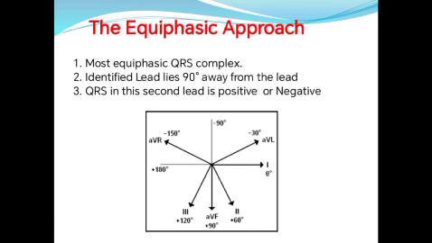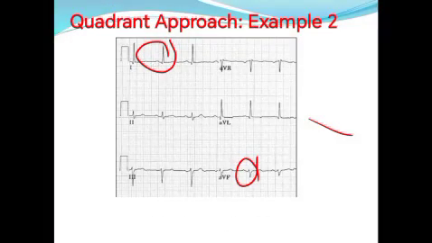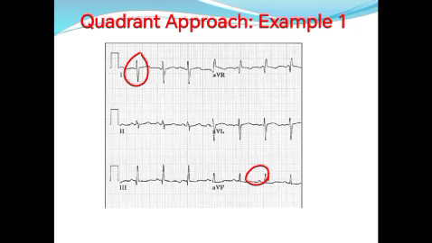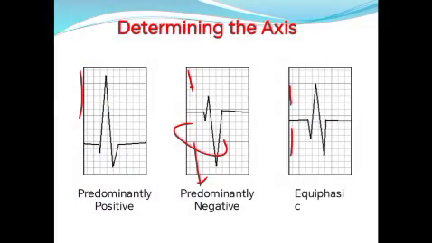What is the equiphasic approach? Here we use the most equiphasic QRS. What is equiphasic? That means both the R wave and the S wave in that lead are equal. Here I show you one before. This one, sorry. This is equiphasic here.